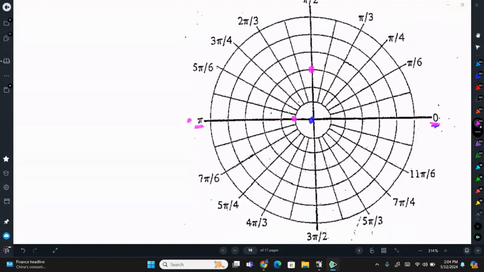And then when theta was 3 pi over 2, r was also 3. So when I draw this, remember the loop has got to go through the pole. So maybe I start here, and then it comes this way, making sure we're keeping a nice curve. And that would be our limaçon with an inner loop.